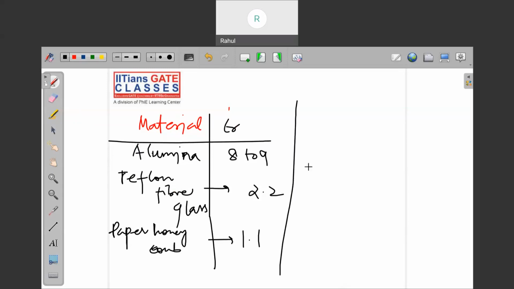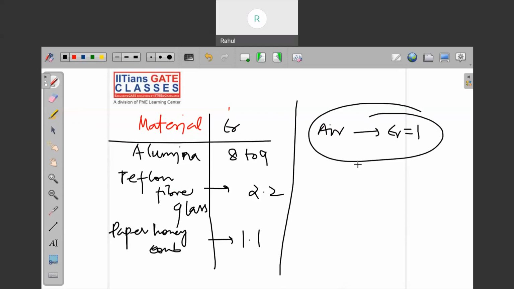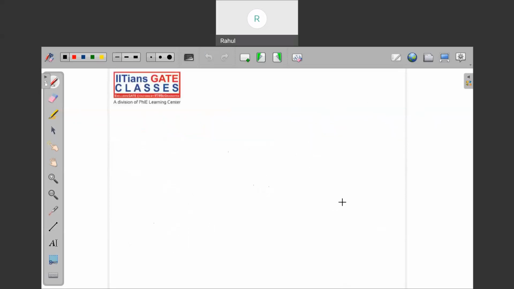And very important is air: air has epsilon r equal to 1, so it is also known as free space, the relative permittivity in free space.